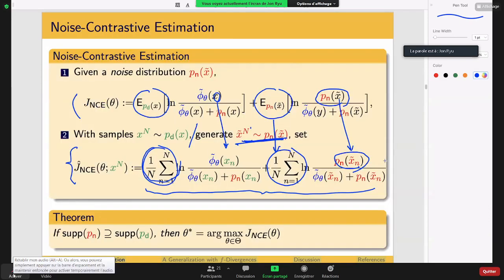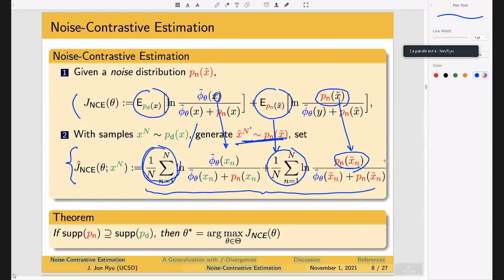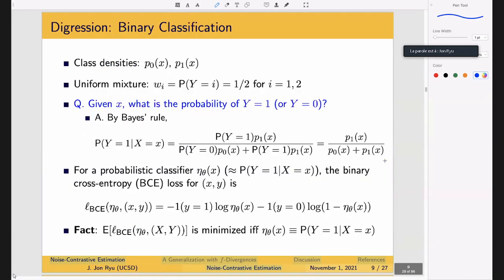Right, so the typical standard interpretation of this noise contrastive estimation principle is based on binary classification. Before I do that, let me just recap the problem of binary classification, just to make it clear. In binary classification, we assume two class densities, P0(x) and P1(x).